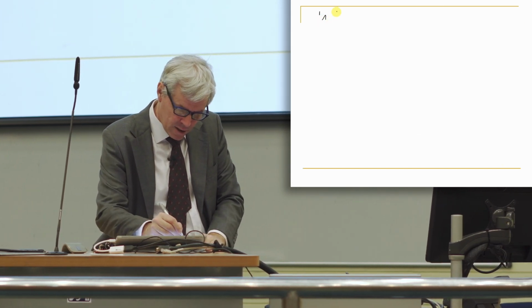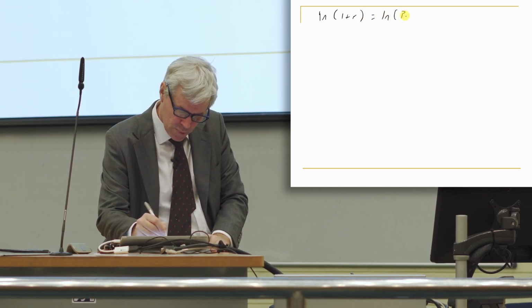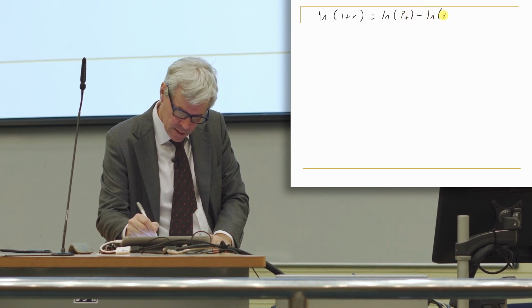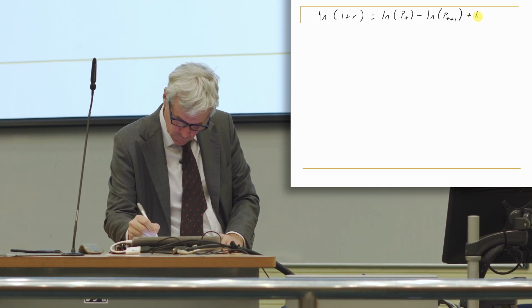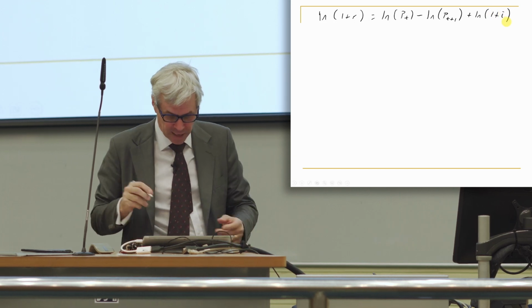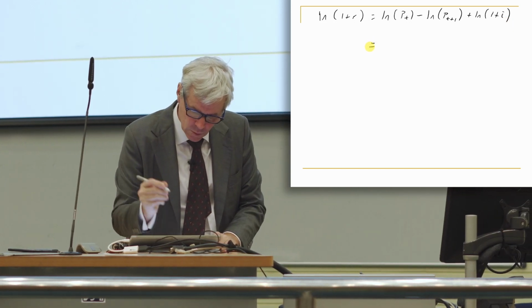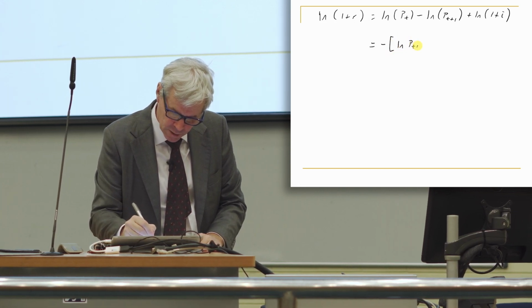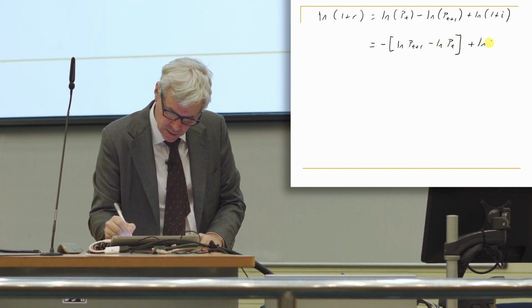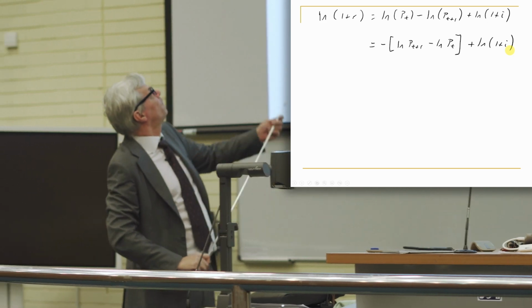We have ln 1 plus r equals ln pt minus ln pt plus 1 plus I. And now that's equal to minus ln pt plus 1 minus ln pt plus ln 1 plus I, like so, just noticing that my pointing stick isn't long enough.